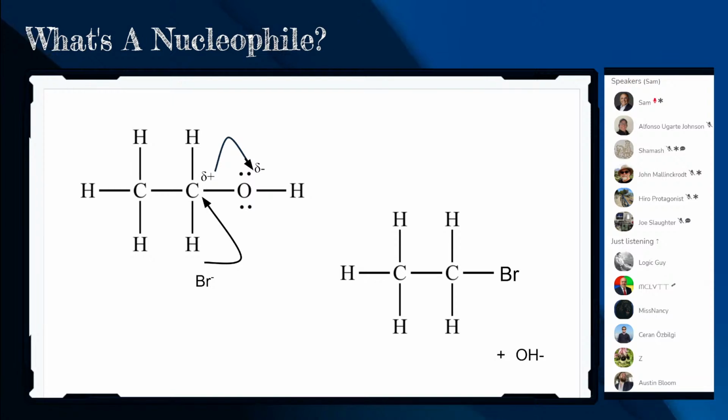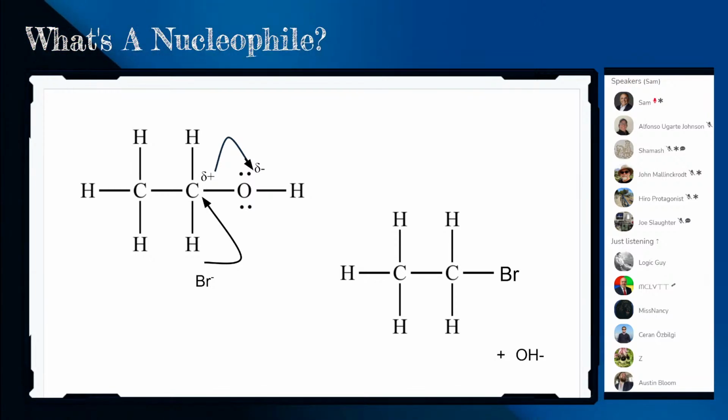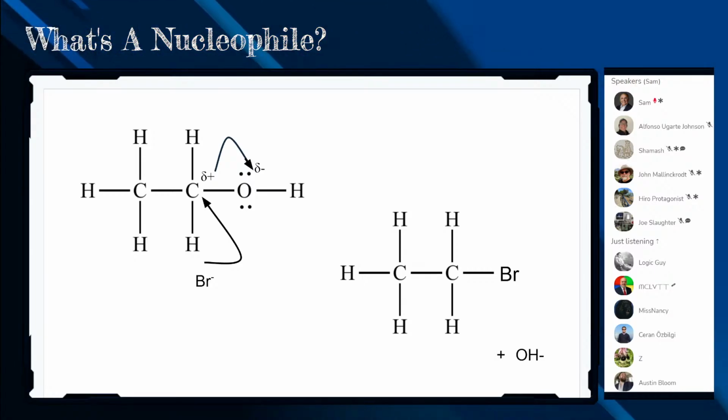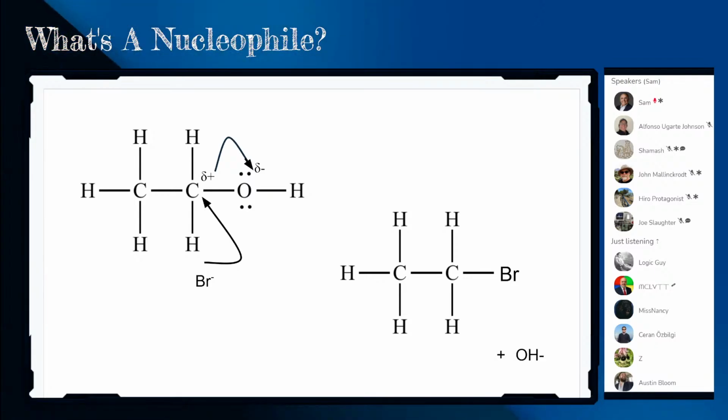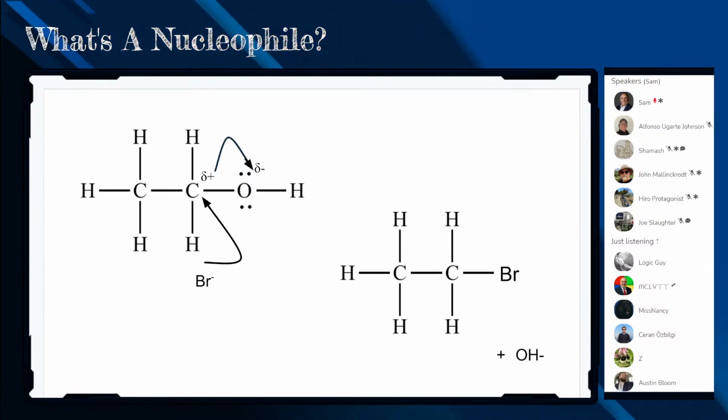And because of that, Br minus is a horrible base in the Bronsted-Lowry sense. It cannot grab a proton. That is highly energetically unfavorable, to the point that the dissociation of HBr in water, we say, has no transition state, has no activation energy.